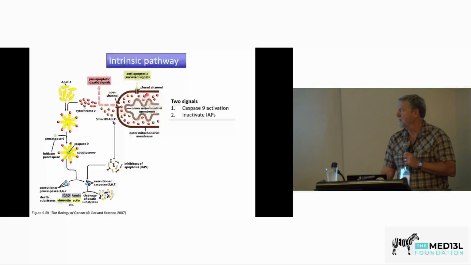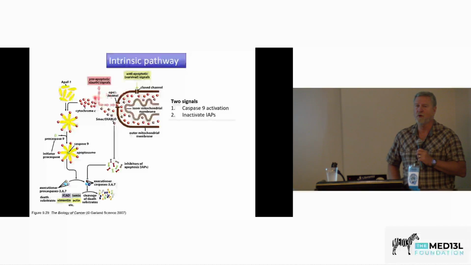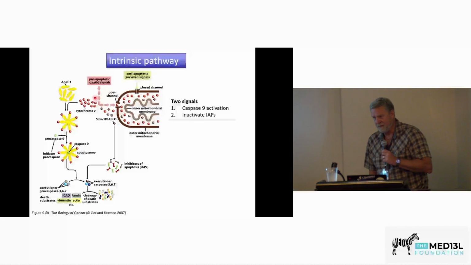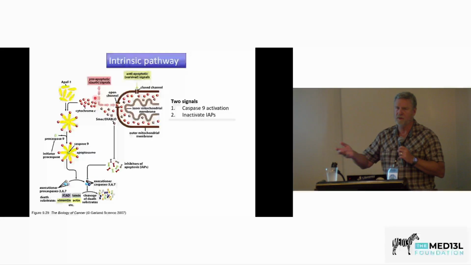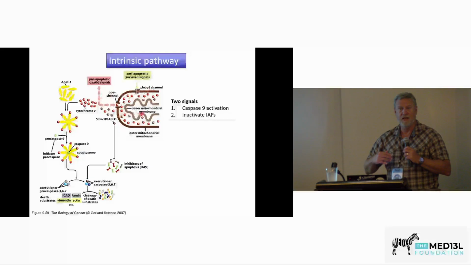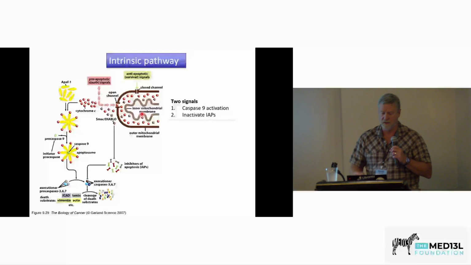What happens is that mitochondrial outer membrane permeability happens, and so you get a break in the mitochondrial membrane, and out leaks a protein called cytochrome C. For people who remember their electron transport chain, cytochrome C is an important protein involved in making ATP. When it's in the mitochondria, that's what it does. It makes ATP, it's a good thing.